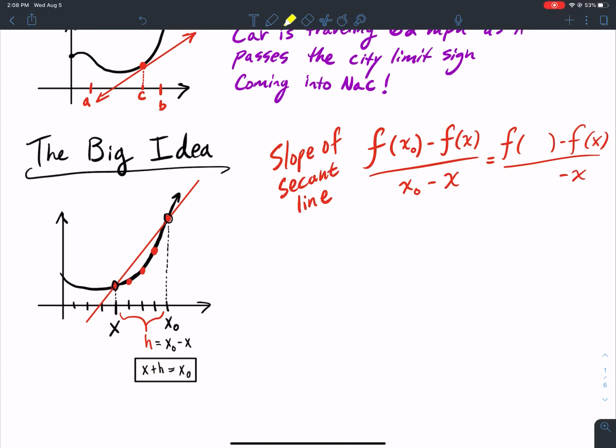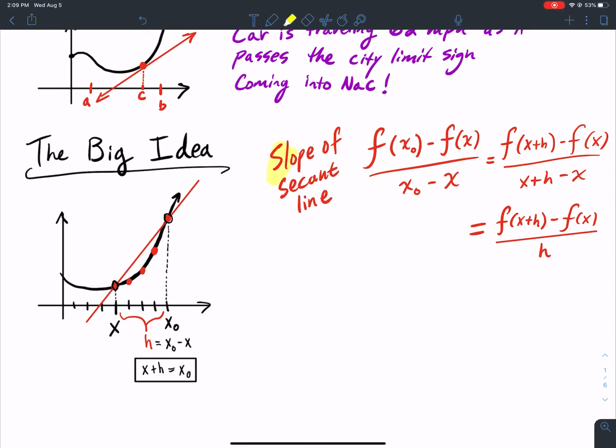Okay? So I make the substitution, and now the thing that's useful about this is I have x plus h minus x in the denominator, and guess what? X minus x cancels, and so I'm only left with h in the denominator.